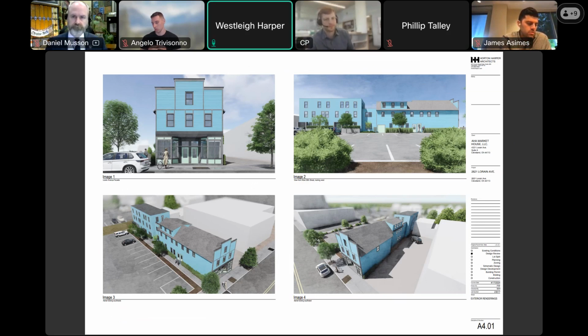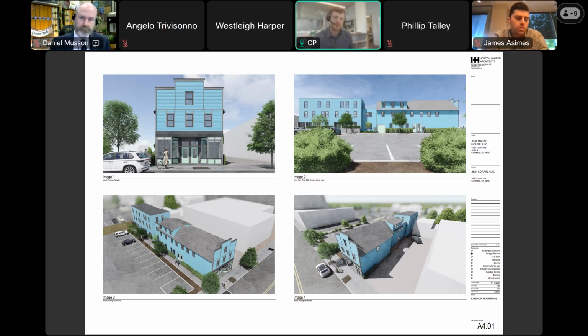And then the addition possibly maintains the color that's the same as the existing. But you're really showing that they're two structures. Right. I don't think it needs to be loud or anything. I just think some kind of means of drawing a distinction. Yeah. Okay. That's all I had. Thanks. Thank you.